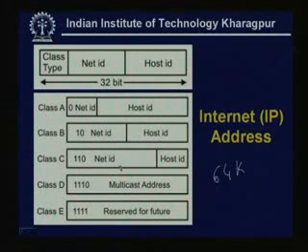If you take a class C address, the total number of addresses available is only 254, excluding the broadcast, all 0 and all 1.